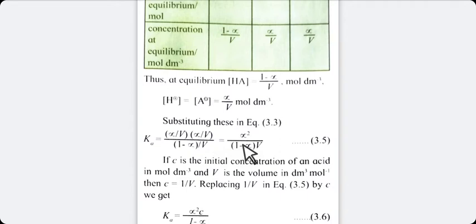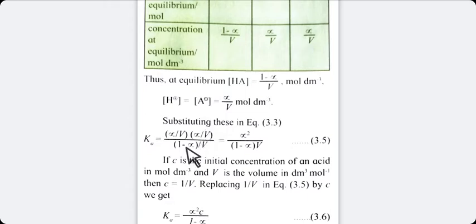When we simplify this formula, it will become alpha square upon V square upon 1 minus alpha upon V. So this V will be cancelled by this V square, and what is remaining in the numerator is alpha square upon V, upon 1 minus alpha.